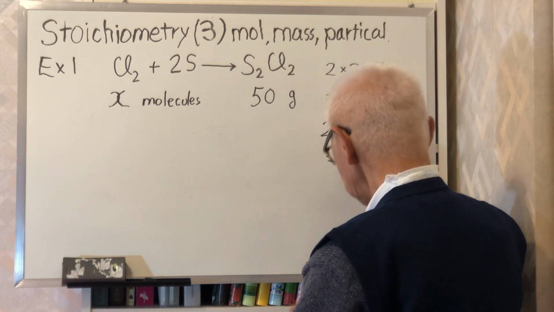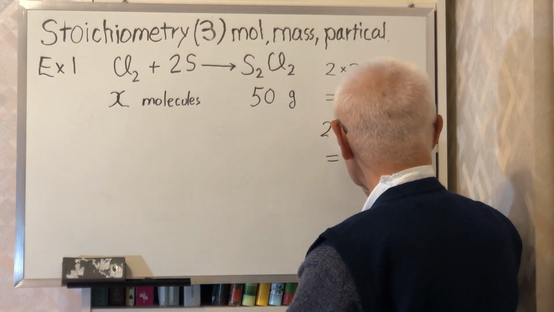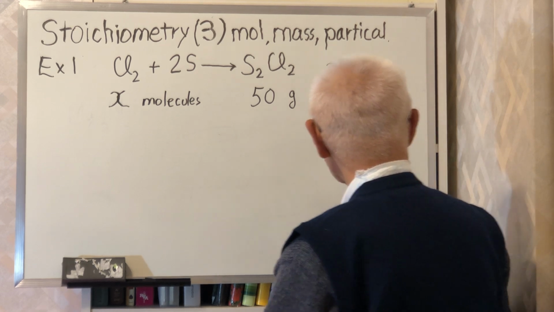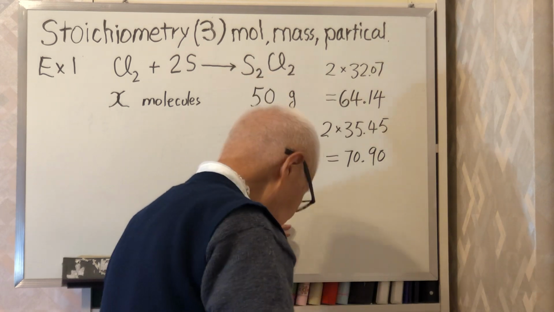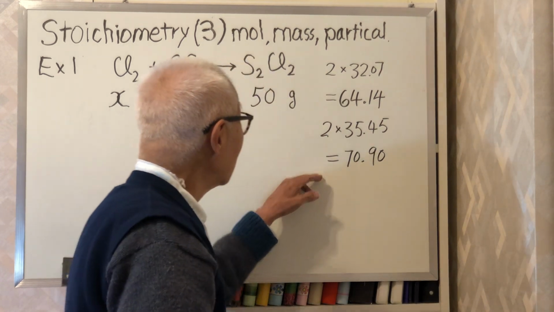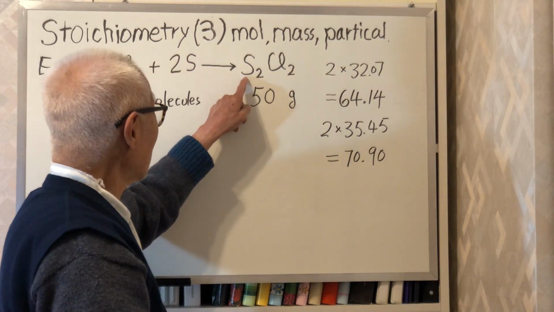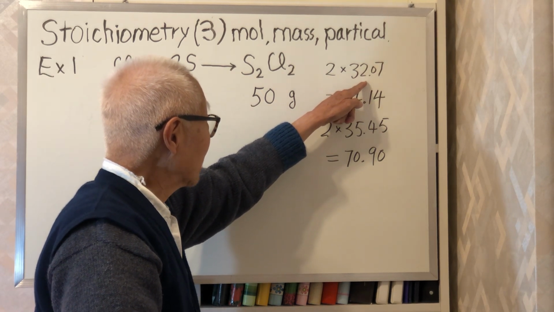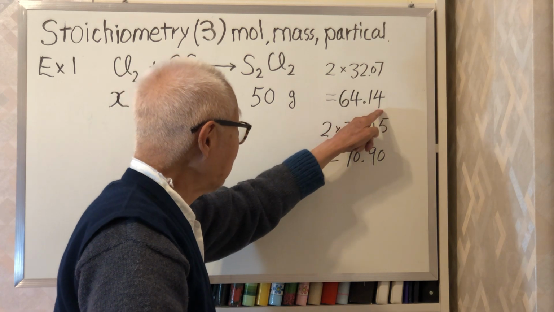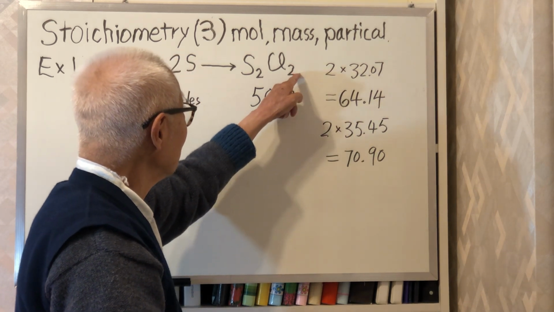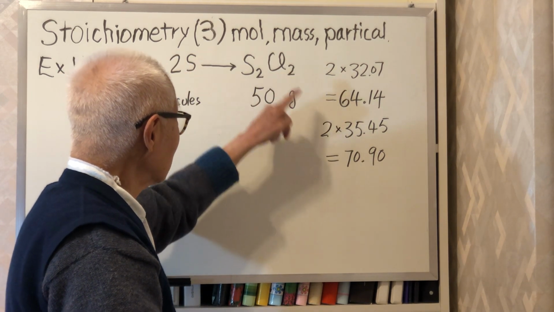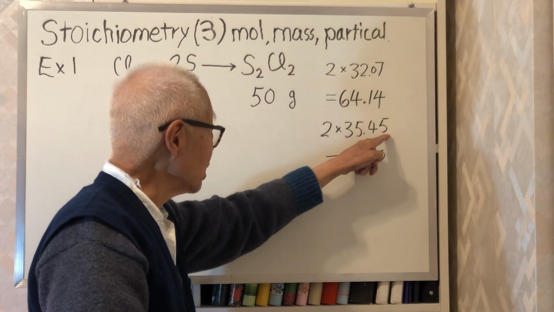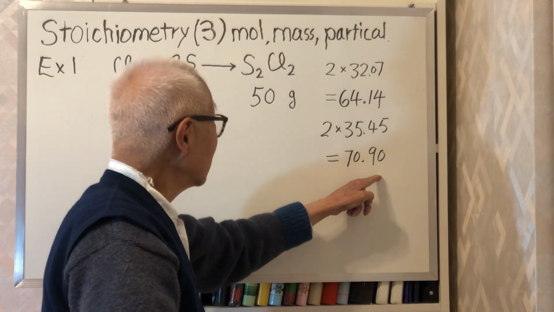So my calculation is: I have 2 sulfur, 2 times the atomic mass of sulfur is this number; I have 2 chlorine, so 2 times the atomic mass of chlorine is this number.